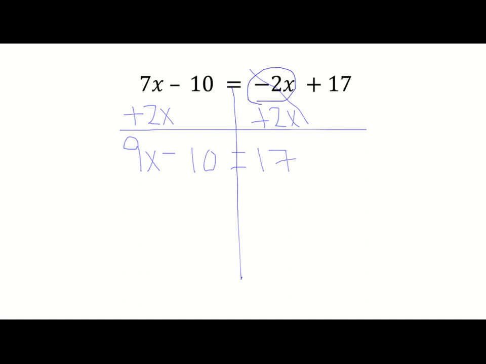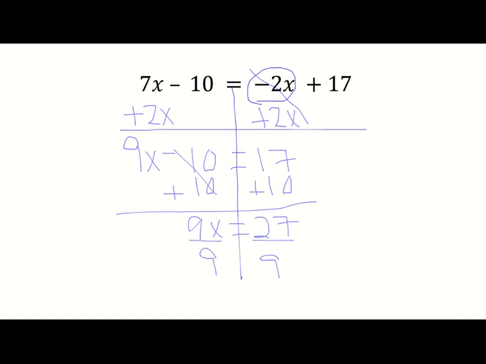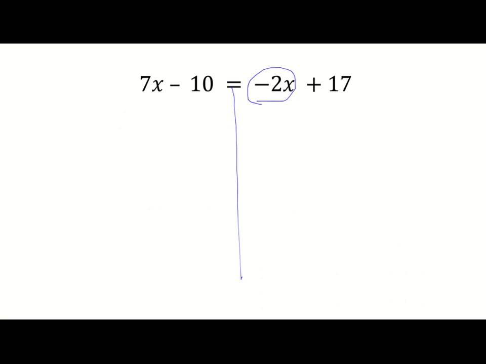So to get 9x by itself, we're going to want to add 10 to both sides. So we have 9x, and 17 plus 10 is 27. Now to get x by itself, divide by the 9. So x equals, 9 goes into 27 3 times. So the answer to this equation is x equals 3.